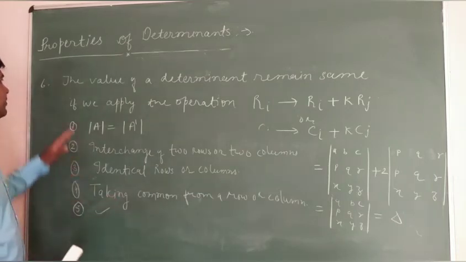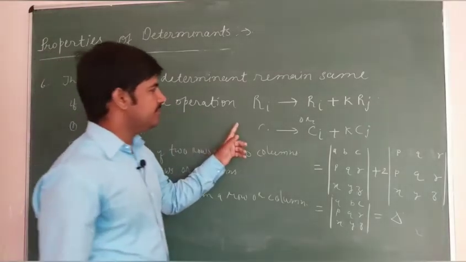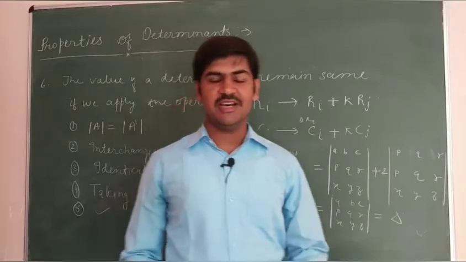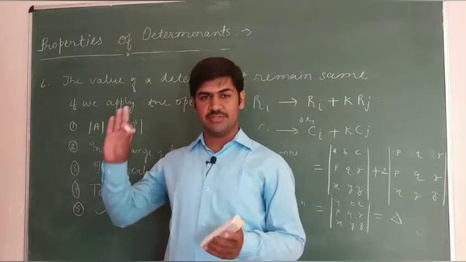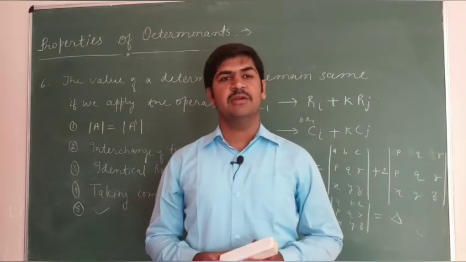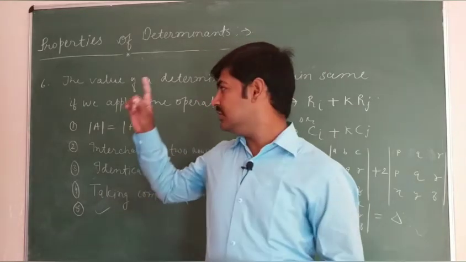And what is our sixth property? The sixth property is the value of determinant remains the same if we apply this type of operations on the determinant. So these are our 6 properties of determinants we have studied properly. These are very important properties, students. We will be finding the value of some of the determinants using all these properties.